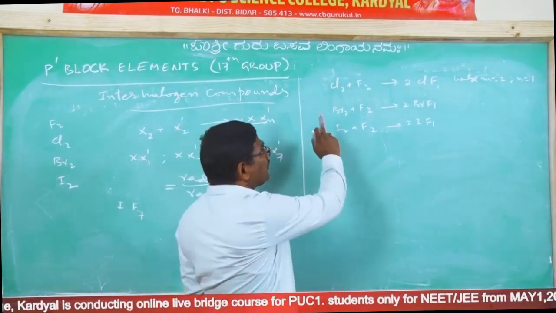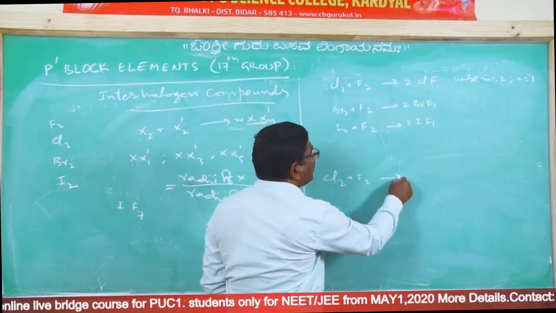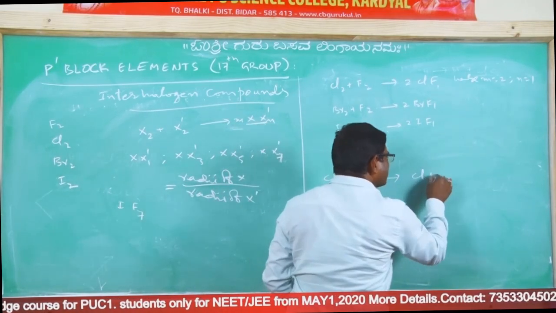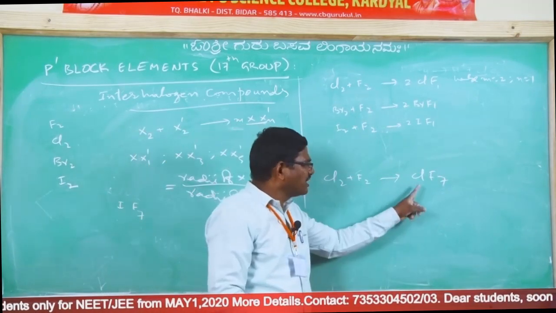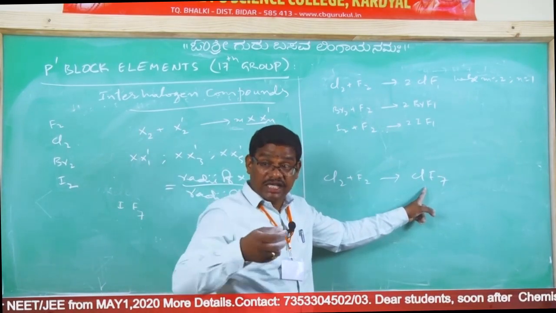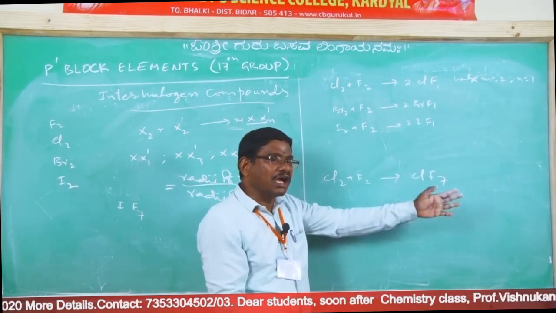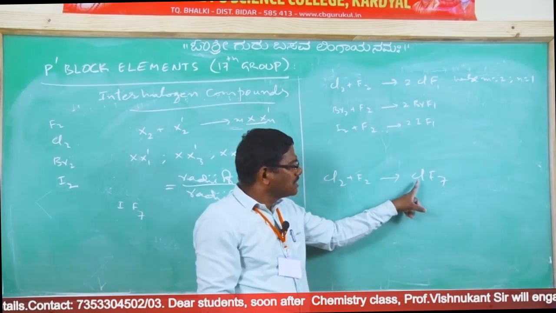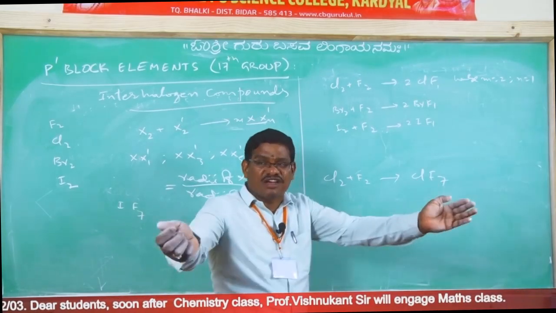Suppose I take Cl and F. Suppose Cl2 reacts with F2 under condition, can I expect it as ClF7? Why? ClF7 is not stable. Suppose under condition if we prepared it, it may exist. When the condition is withdrawn, it will again give back. Because the difference between the Cl atomic radius and the F atomic radius is not much.